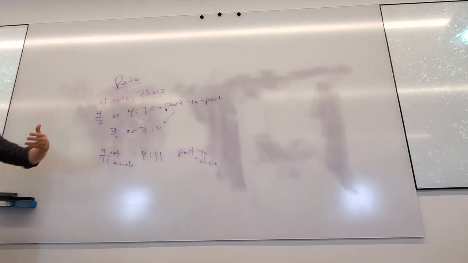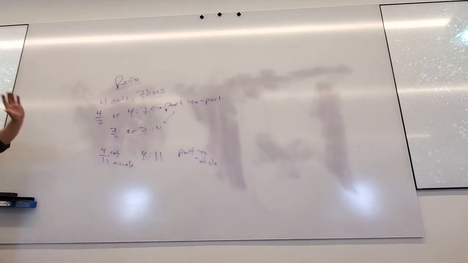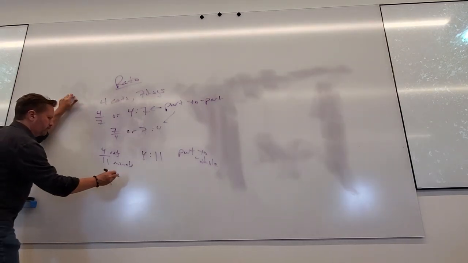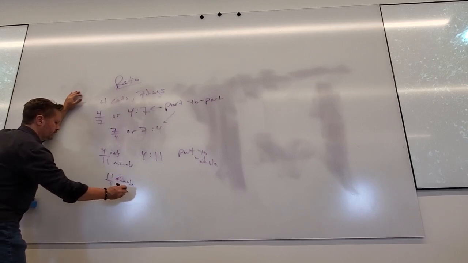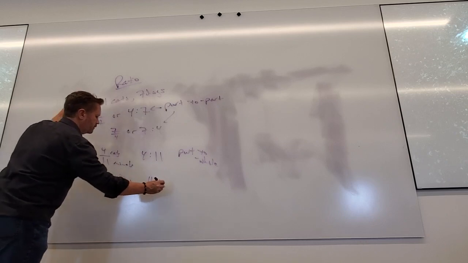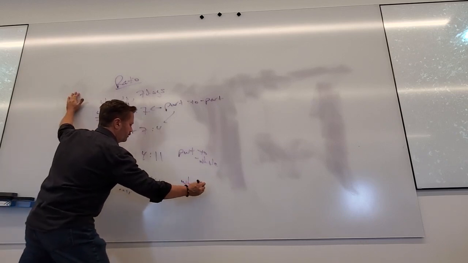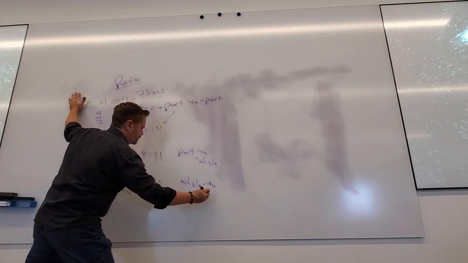The names are kind of silly, right? If I put a part over a whole, that's a part to whole. If the total number shows up, it's going to be some kind of a whole. And of course I could do 11 to 4, animals to cats in this case, which you don't see very often. You would never guess this, but this is called whole to part.